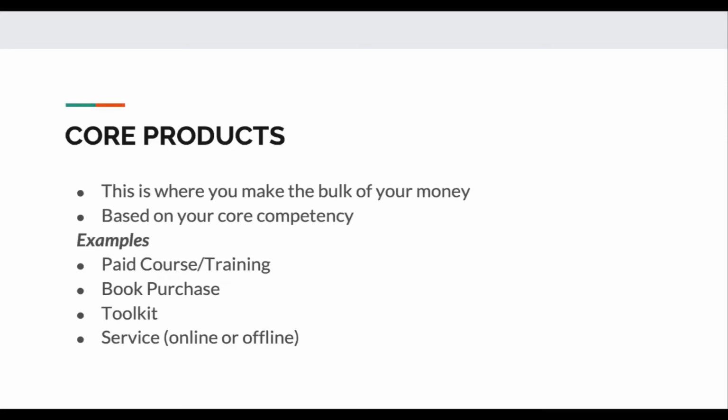Let's say you have many products. Let's say you've offered people service in the past, and people will need it. You can just bundle everything together and sell it.